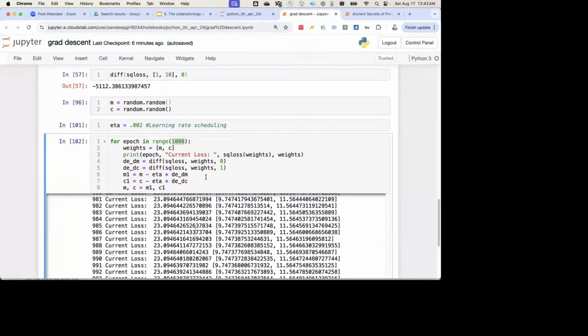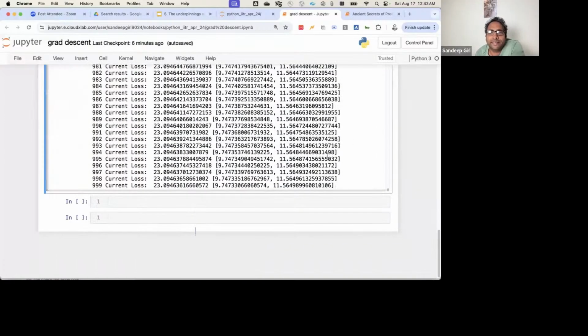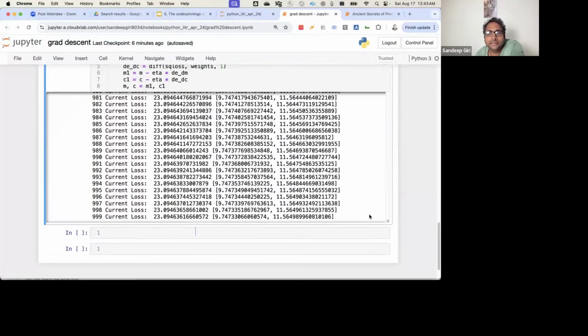There are other ways to calculate loss. You can try the Huber loss even in this case. And instead of the mean square deviation, we can have the absolute function as well. Notice that this one is giving 9.7 as my coefficient for M and 11.6.